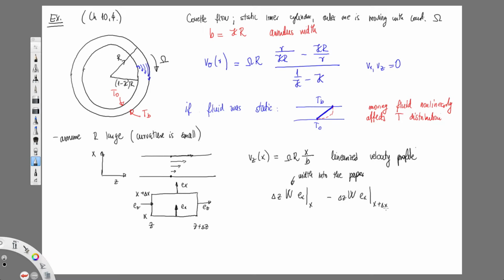So this is similar to momentum, just actually simpler because I have a vector. I don't have a tensor. So my E is a vector.